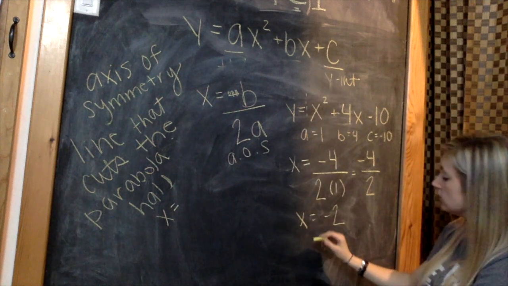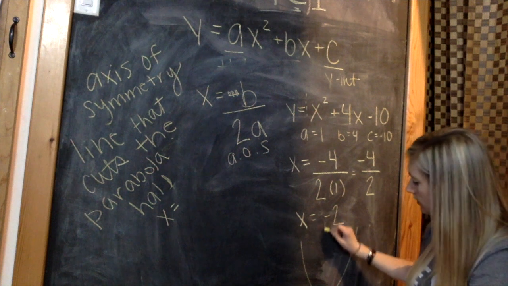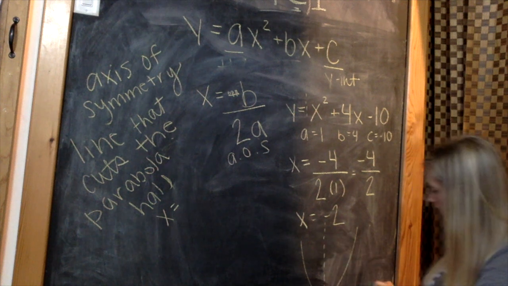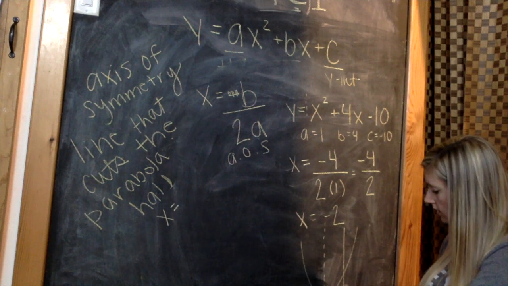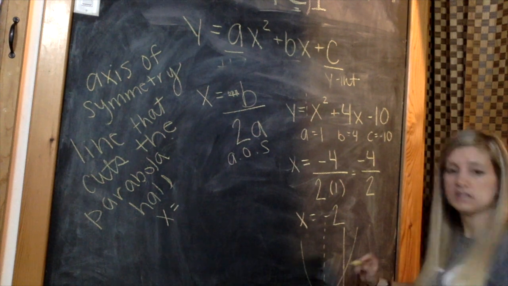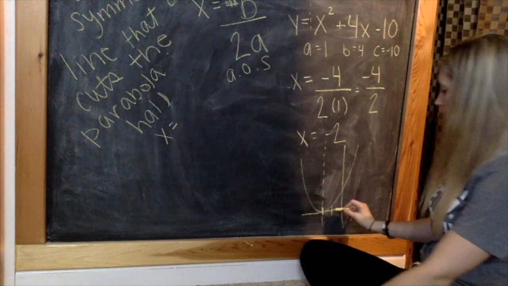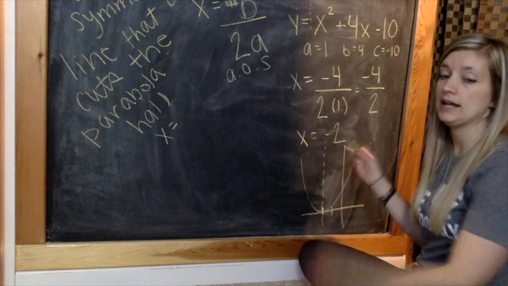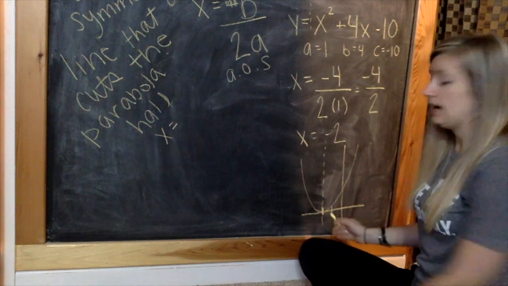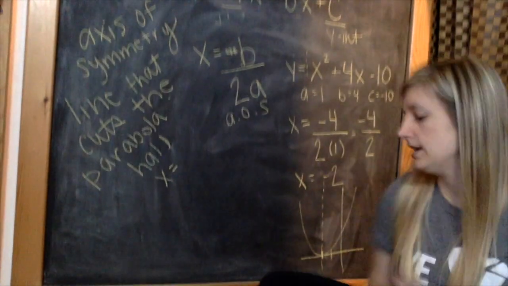So we should be able to visualize that it's going up and that this line is going to be negative 1, negative 2. So we know that line is going vertically up and down, and it's cutting that parabola in half at x equals negative 2.